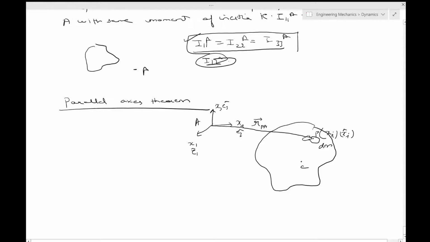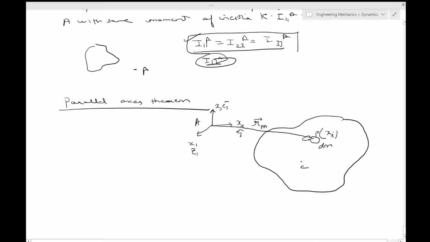At C you have another system. So P of xi means it's in the coordinate system of A. Now I'll draw another coordinate system in a different color, say over here.